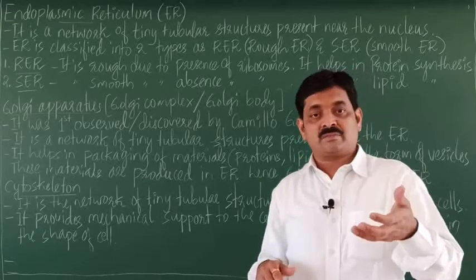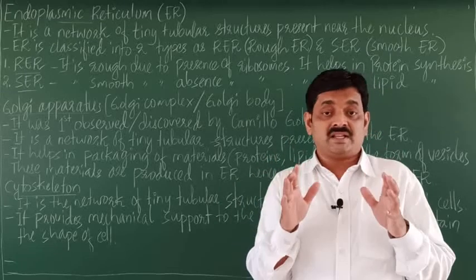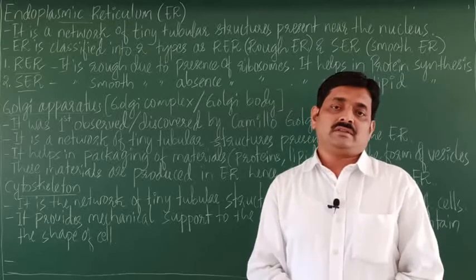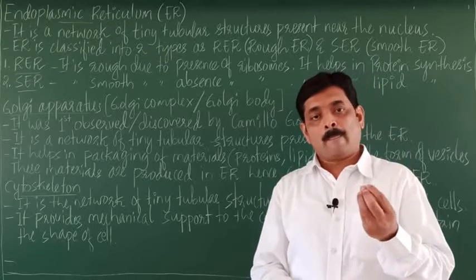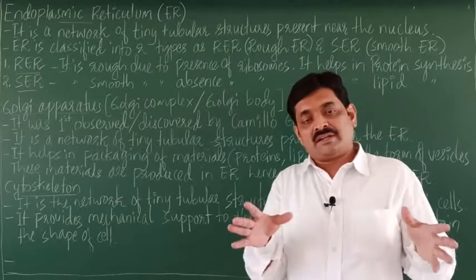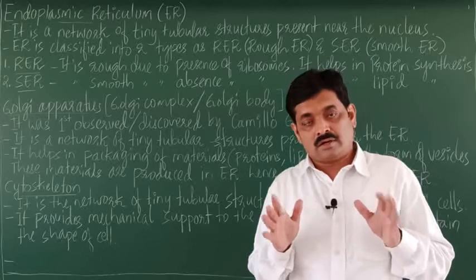When you see endoplasmic reticulum, it looks very rough. That roughness is because of particles, right? So there are particles attached to the endoplasmic reticulum, and these particles make the endoplasmic reticulum rough.